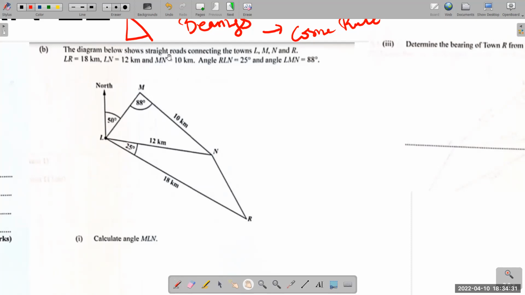The diagram below shows straight roads connecting the towns L, M, N and R. So that's 4 towns, 4 different locations. LR is 18. So let's look to see if that's there. LR 18, that's there. LN 12, let's check. LN 12, good. MN 10. MN there 10.